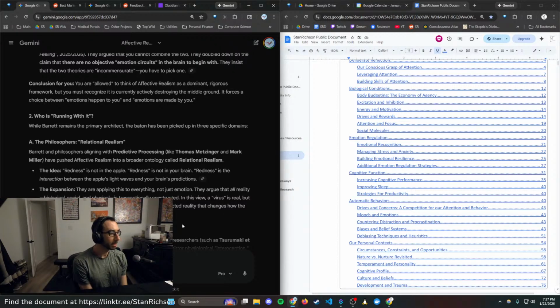The expansion. They're applying this to everything, not just emotion. They argue that all reality, biological, social, and physical, is transactionally constructed. In this view, a virus is real, but its definition as a threat or pandemic is a socially constructed reality that changes how the biology actually functions by changing human behavior.